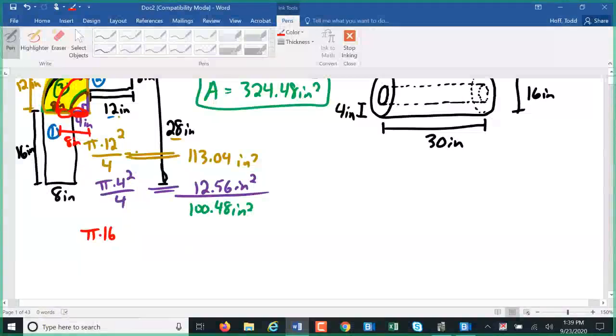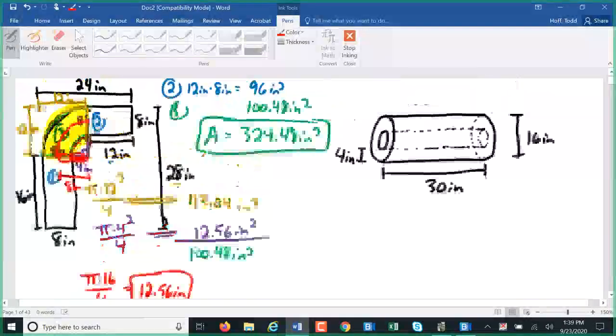So if it's an 8-inch radius, it'd be a 16-inch diameter. Then divided by 4, because it's a quarter of that full circle. That's 12.56 inches. So the length of that arc, the center of that corner piece, is 12.56 inches.